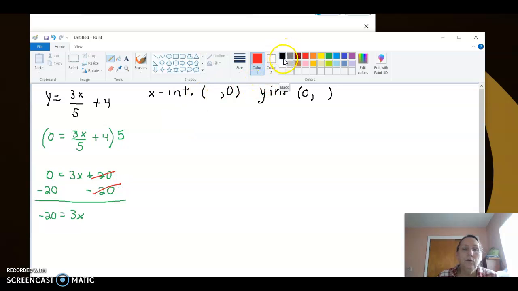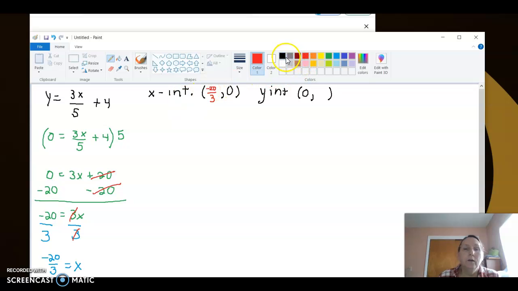Then the next thing I'm going to do is divide by 3 because I want to get that x by itself, and that's going to give me negative 20 over 3 equals x, because right here the 3's canceled out. So negative 20 over 3 is my x-intercept.